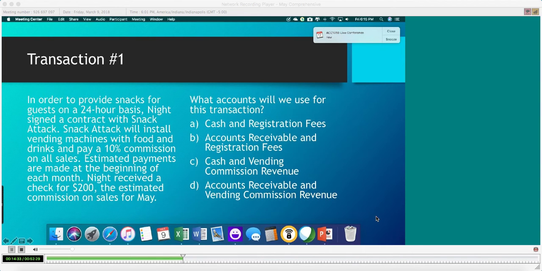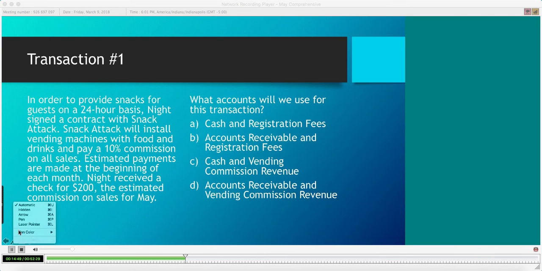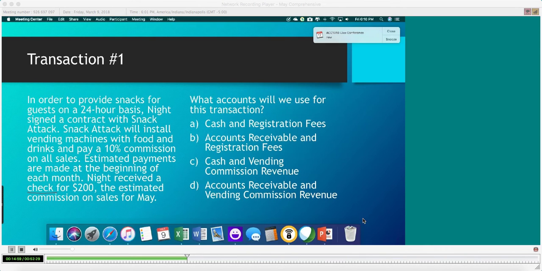Okay, this one is split. So the reason I throw this one in is because it is missed a lot. We received a check. So that's going to be accounts payable.